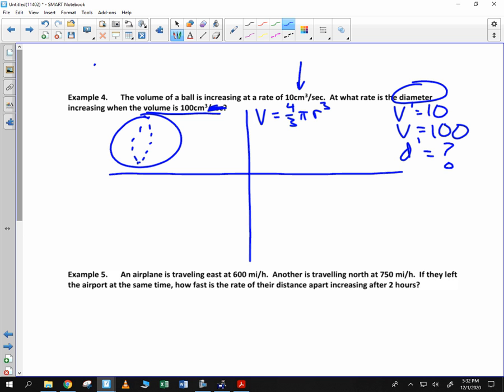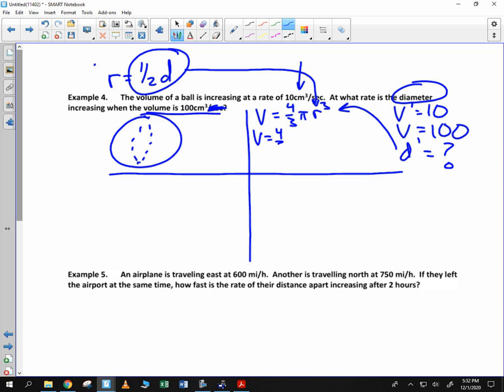Well, if you look, I don't even have d in my formula. So how could we get d into the formula? Well, we know that the radius is equal to half the diameter. So if we take this and plug it in here, notice what we get.